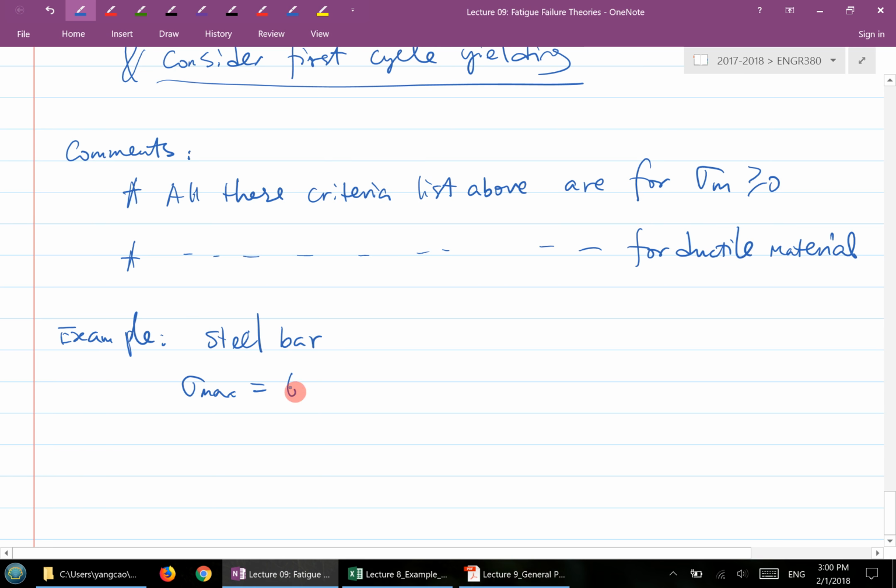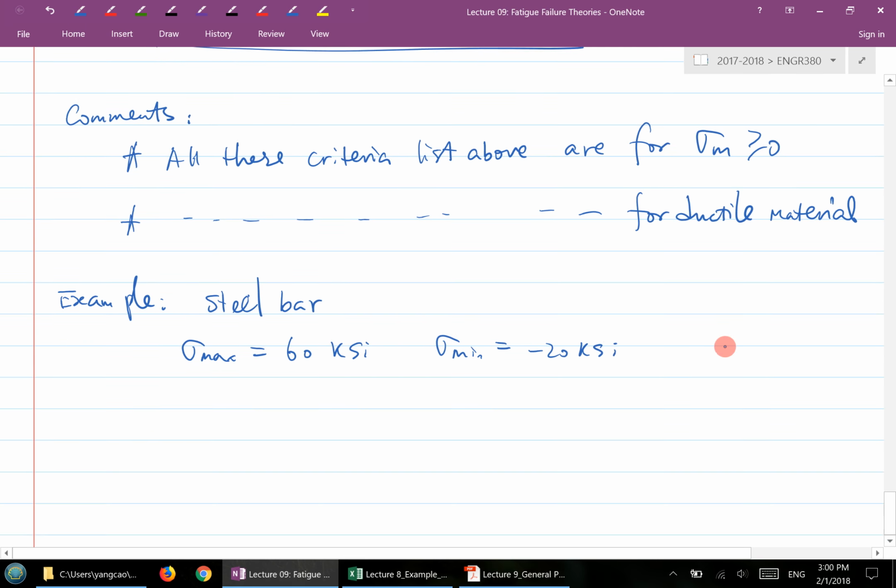Suppose sigma max is 60 ksi, and sigma min is -20 ksi. The material properties are SUT is 80 ksi, and SYT is 65 ksi.